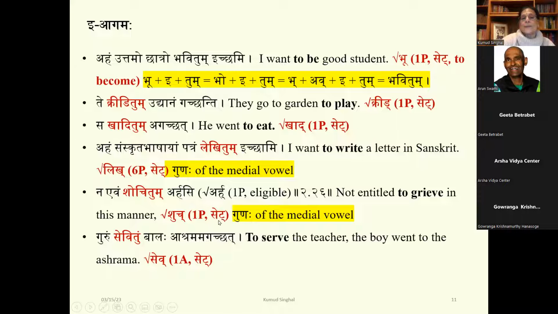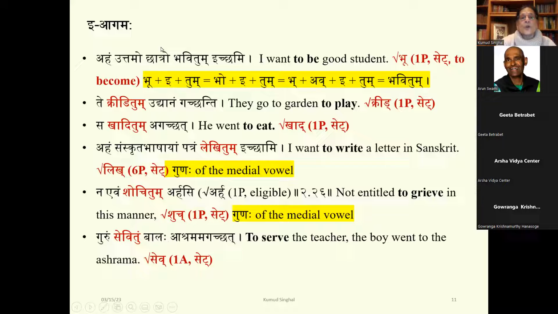It is a 1p. This is a set dhatu. So shochitum: the medial vowel takes the guna, so it becomes sho, and then you add the e to it because it is a set. That's why the form shochitum. So, not entitled to grieve. Na shochitum, to grieve in this manner.